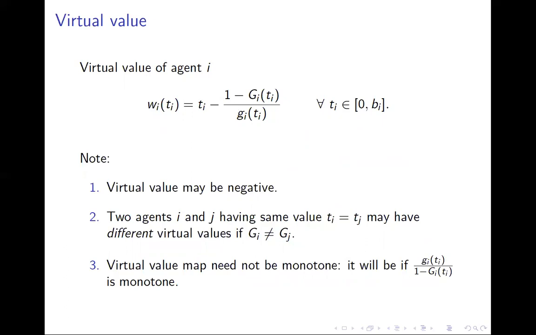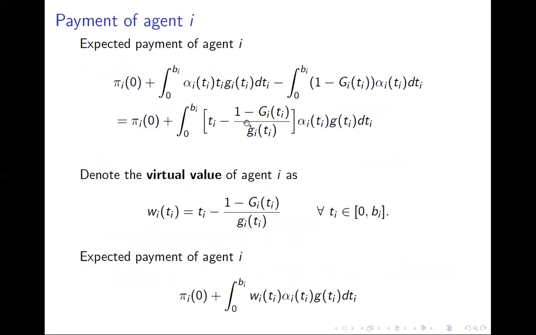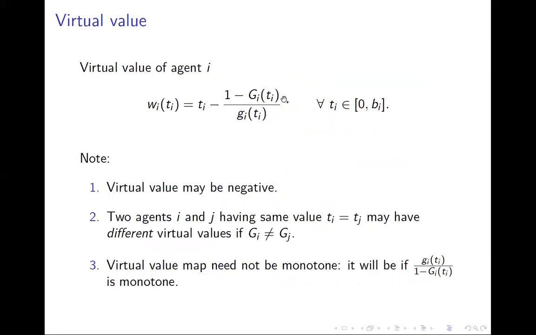At this point, I'm not excluding that to happen. It is possible, depending on how this Gi function looks. It may be negative.